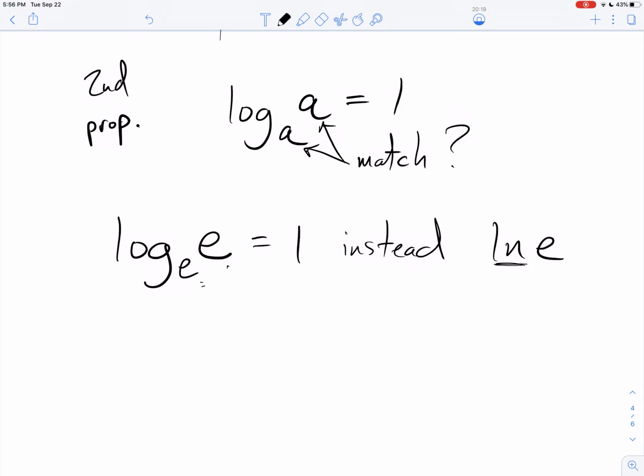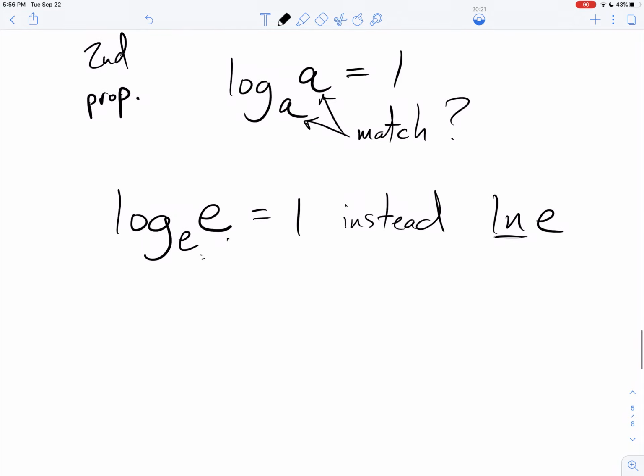So you might be working on a problem and you get something like log base 4 of 4. And then you go, oh, that looks overly complicated for no reason. But I know that there's a property that says that's the same thing as 1. It's totally true. In fact, I'm going to clue you in on something else. Can't you trick your calculator into telling you what that answer is?